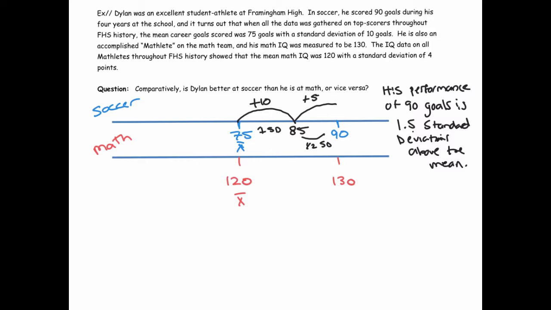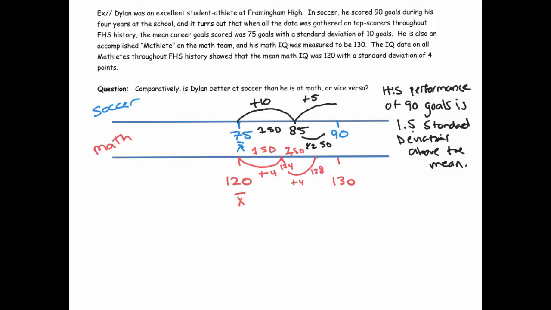Now the standard deviation is 4 points, so I'm going to jump 4. By doing that, I've just jumped 1 standard deviation, and that gets me to 124. I can jump another one, which is another 4, another standard deviation, and that brings me to 128. So at this point, I've jumped 2 standard deviations.